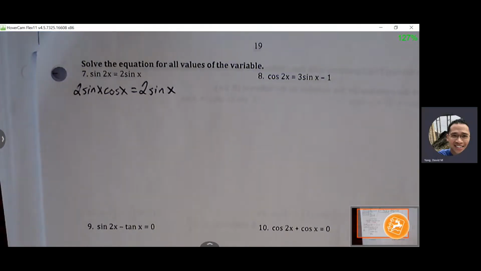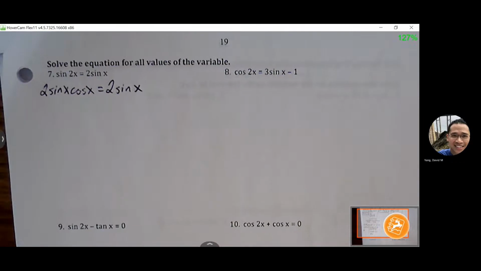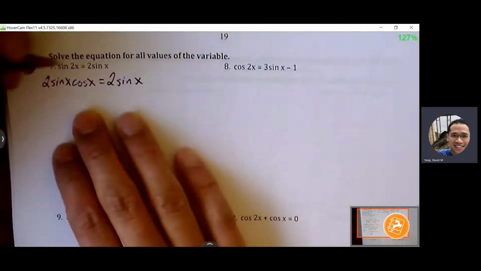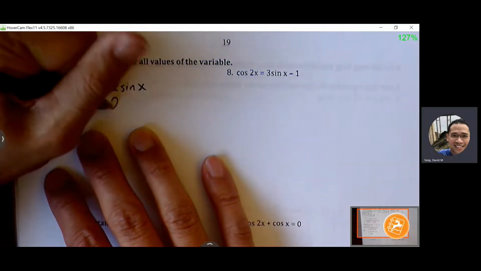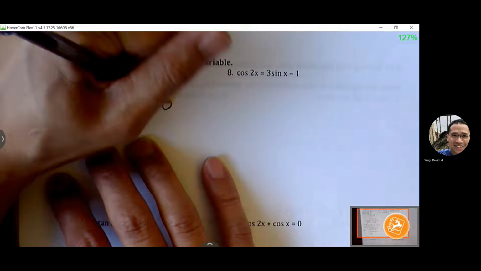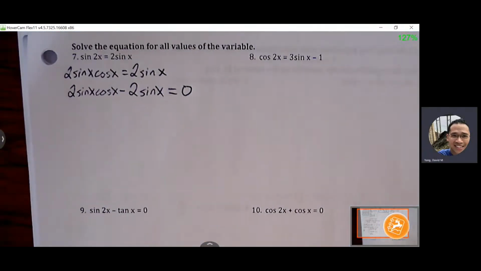Okay, so subtract to the other side, set equal to 0, factor out the GCF. Okay, what's the GCF? 2 sine x, okay.